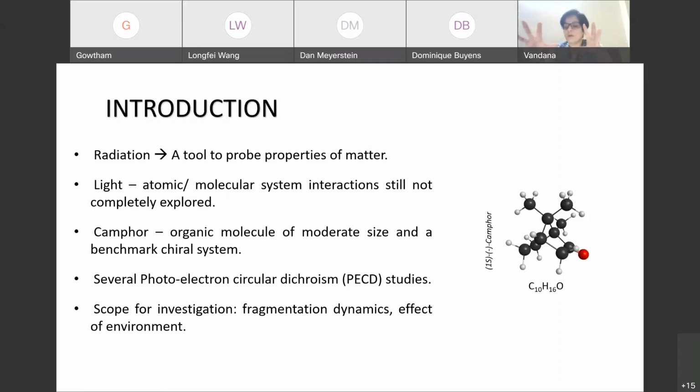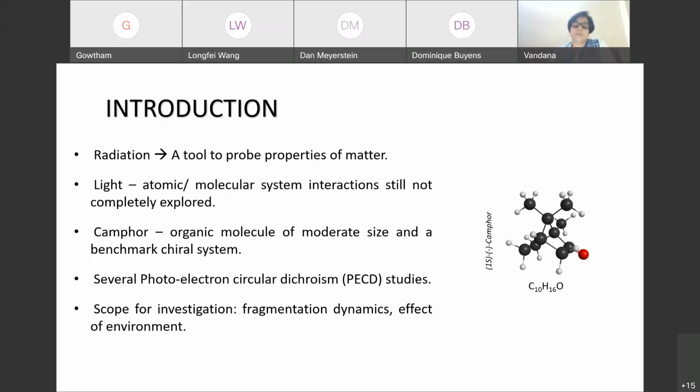The camphor molecule is quite big; the molecular mass is 152 atomic mass units. When you look into the fragmentation dynamics, it can fragment into various channels. So can we pick out one of the channels and see what is happening in that? That was our aim.